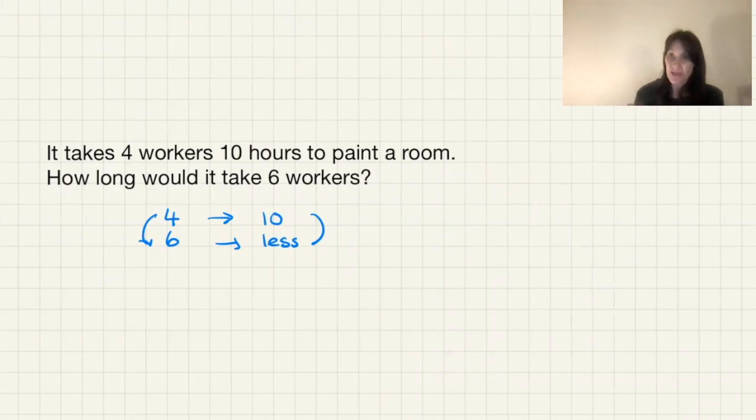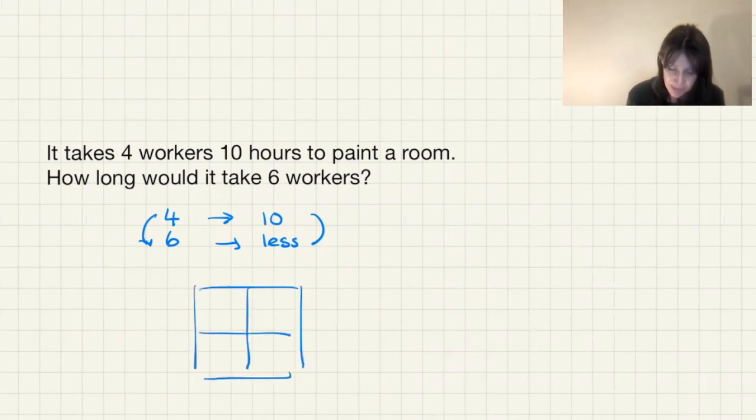So there's nothing there asking you for an equation. You could, if you wanted to, just go straight into your boxes and labels. I've got my workers, my hours. I love the labels. It stops you from putting things in the wrong boxes. I've got my fact. To go from there to there, I'm going to have to times.